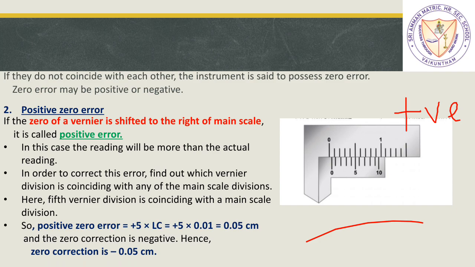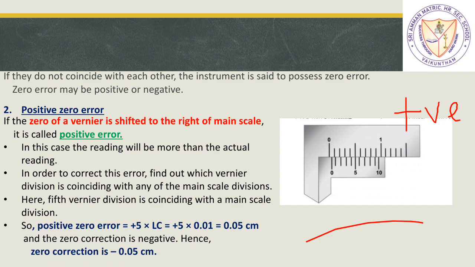So least count is 0.01 centimeter. So plus 5 into 0.01 will give you 0.05 centimeter. Whenever you get a positive error, that is the error when the vernier 0 is shifted right of the main scale 0.